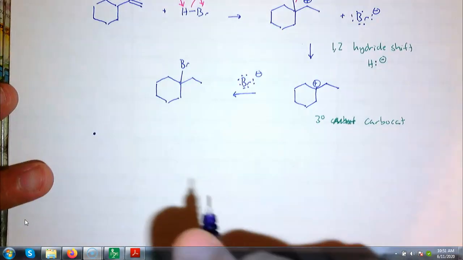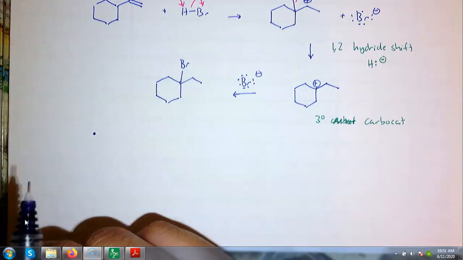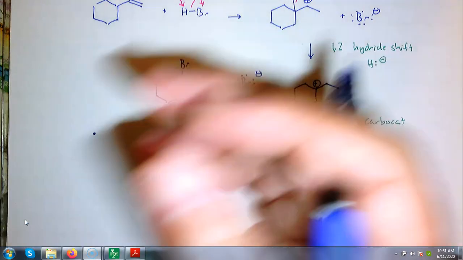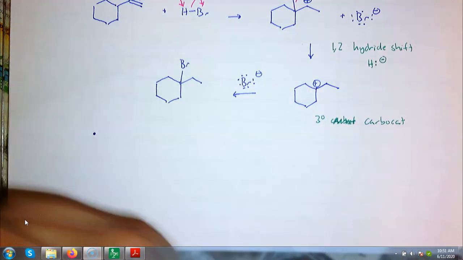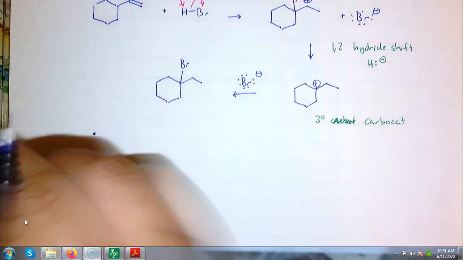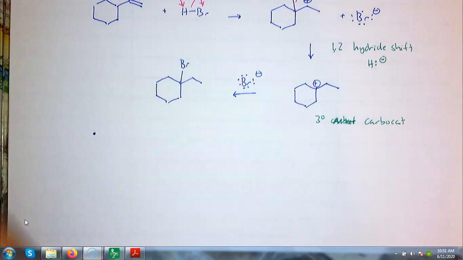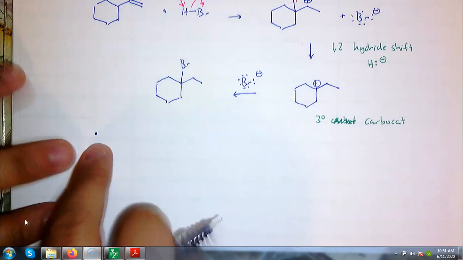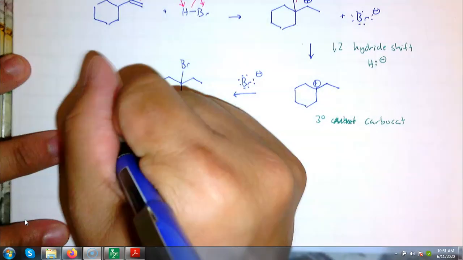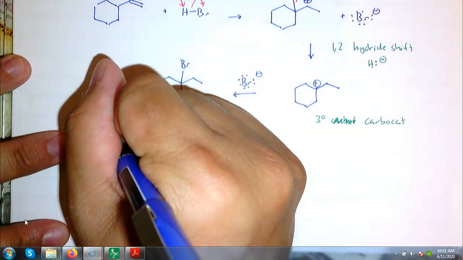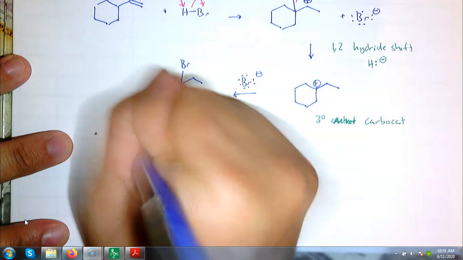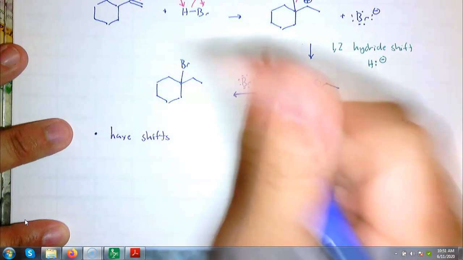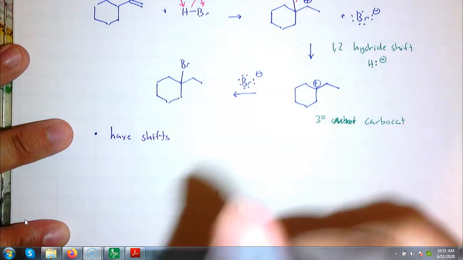Some professors will say that anything is possible. You could start shifting hydrogens and other groups, but not only that, you could do multiple shifts, and you could keep shifting until you find a tertiary carbon. That opens up Pandora's box. So I'm going to say here, you could have shifts that create a tertiary carbon from a secondary carbon.